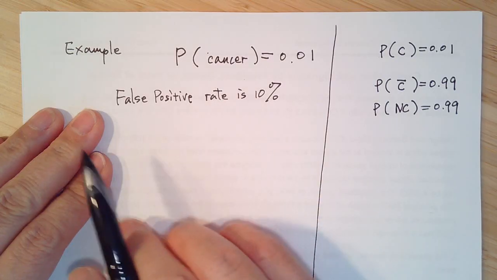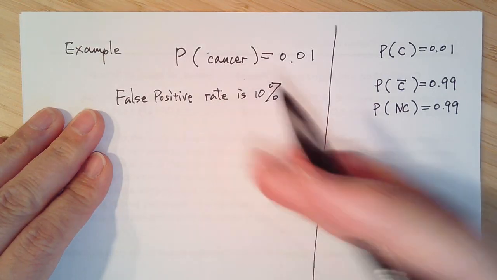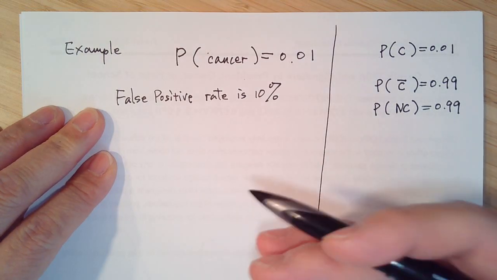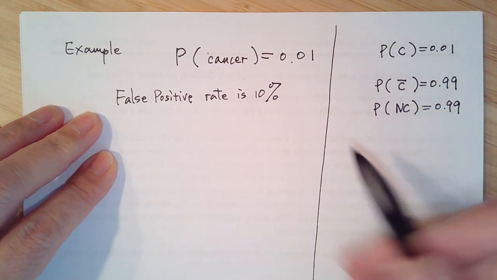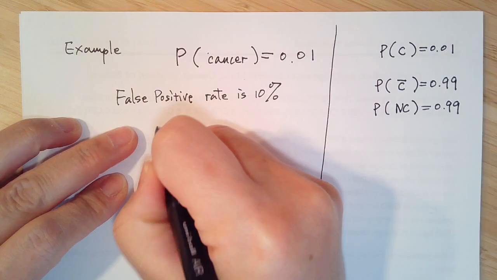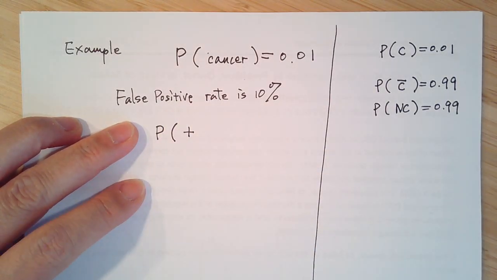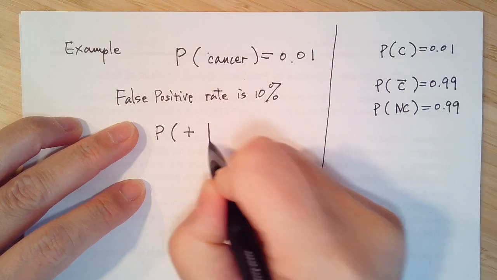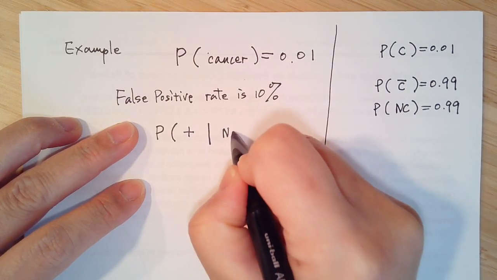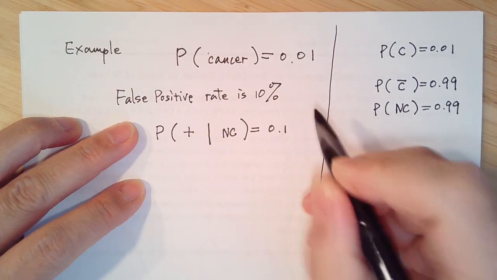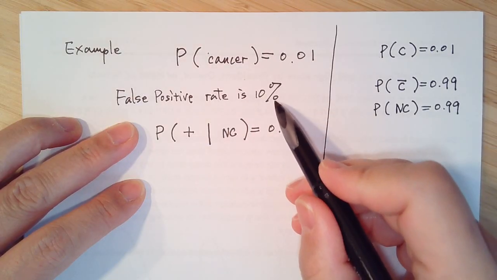Remember, a guy gets pregnant, right? That's a false positive. The test result shows positive, but actually he's not pregnant, or he has no cancer. So the false positive is the probability that the test is positive given no cancer, which is 0.1. This 0.1 is the same as this 10%.